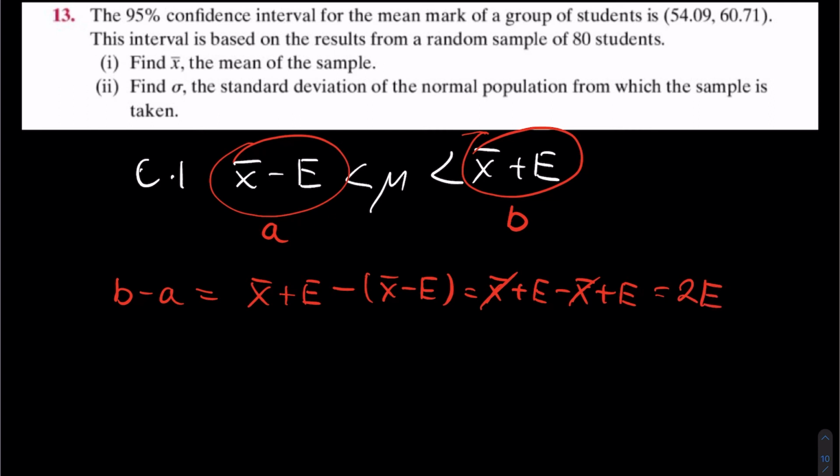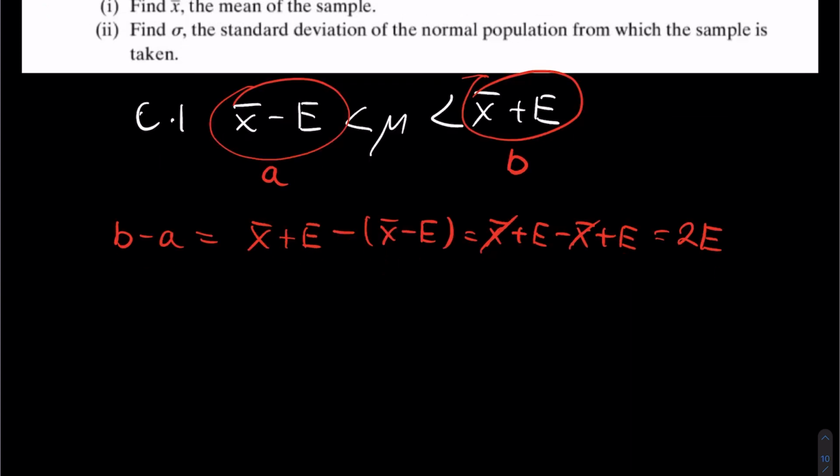So the difference between the values of the endpoints is twice the margin of error. Let's use that fact for this problem.